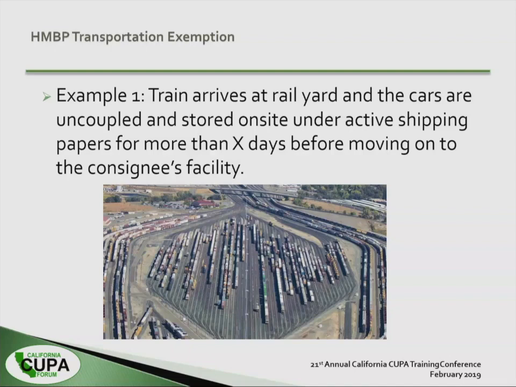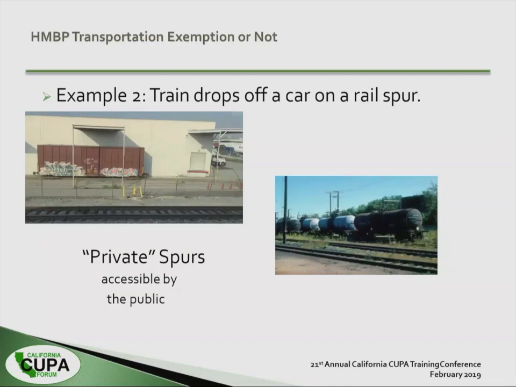So here's your train. Train drops off the material at a rail spur. Rail spurs can be privately owned. They can be owned by the rail company themselves. It just depends whether or not the material has reached its final destination. So if it's not under an active shipping paper, it is subject to reporting.